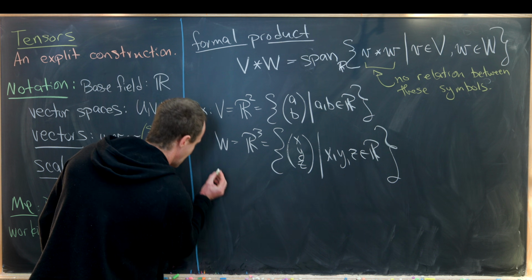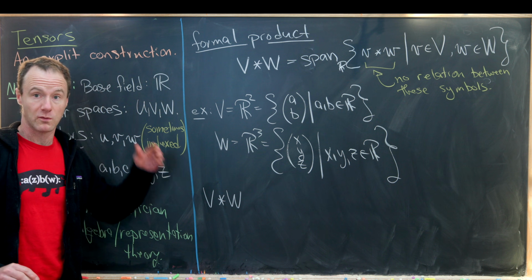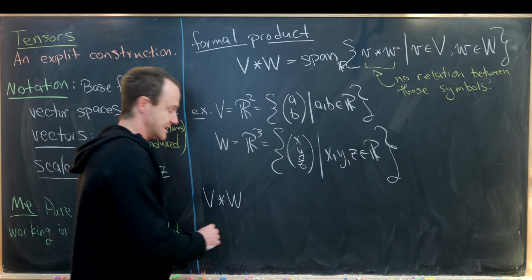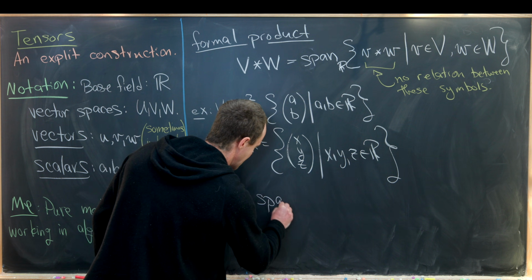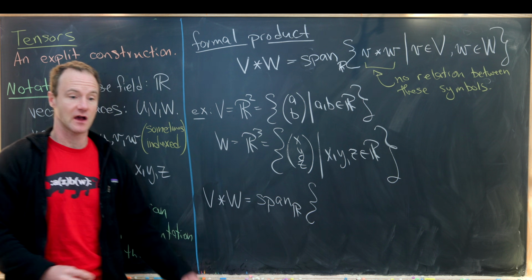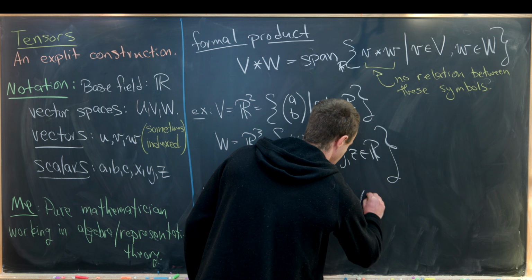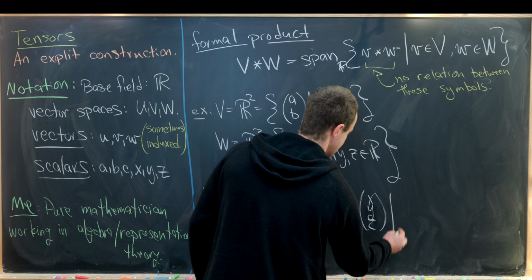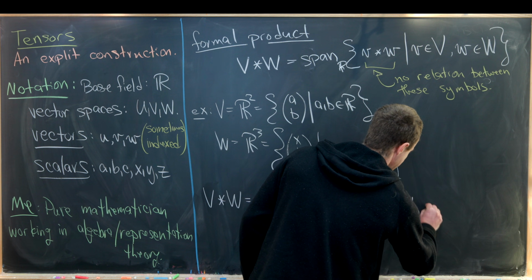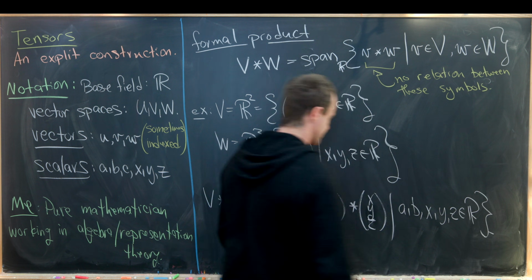Then the formal product V star W will be the R span of everything of the form (a, b) star (x, y, z), where a, b, x, y, z are all real numbers.